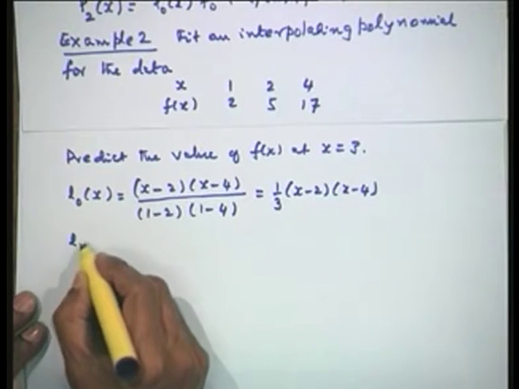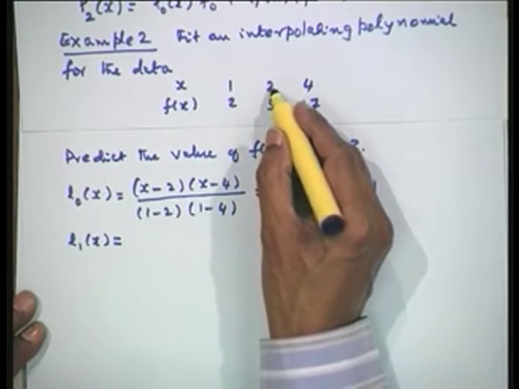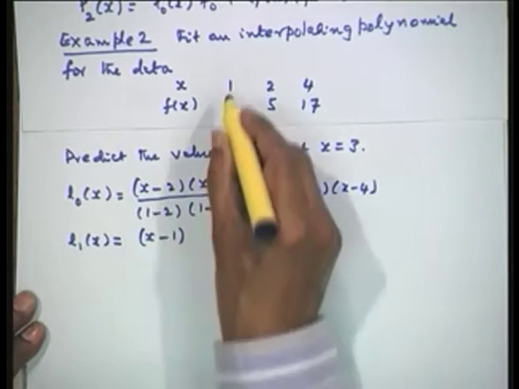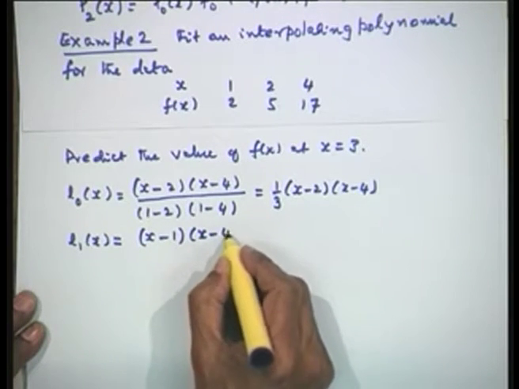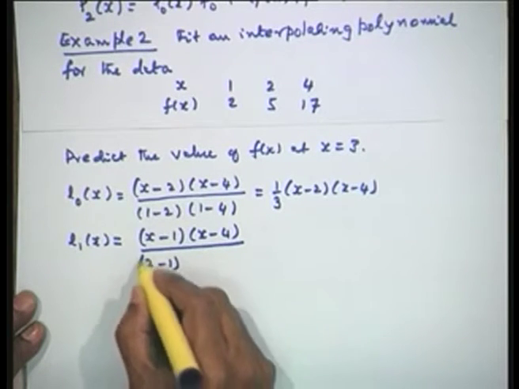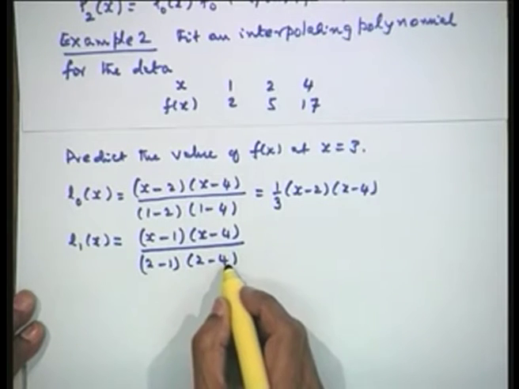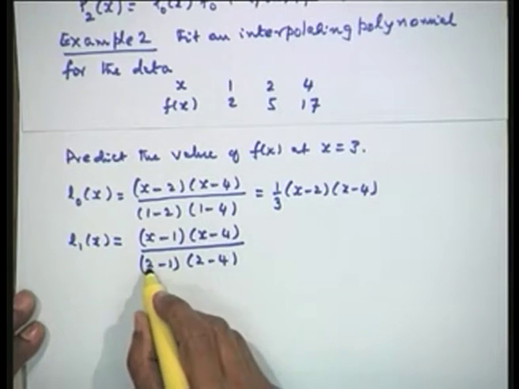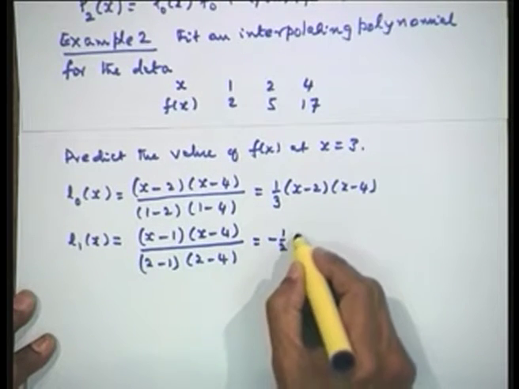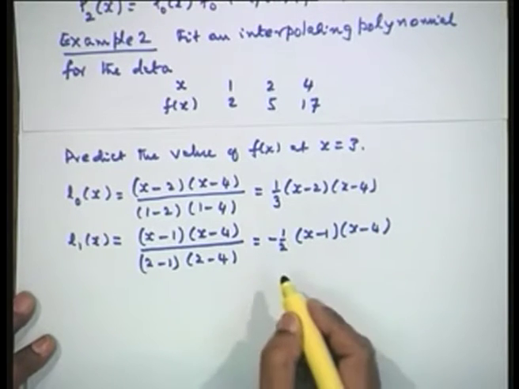Similarly, I construct L1(x). Now, we would miss x1, that is 2, the factor corresponding to 2. So, I will have the numerator x minus 1, x minus 4, over 2 minus 1, 2 minus 4. So, this gives you 1, this gives you minus 2. So, this gives you minus half (x minus 1)(x minus 4).